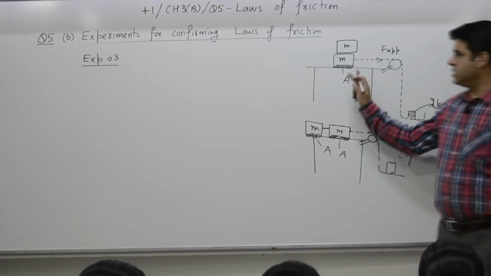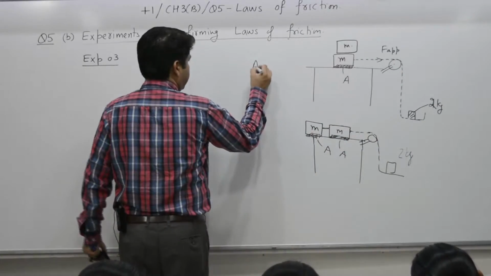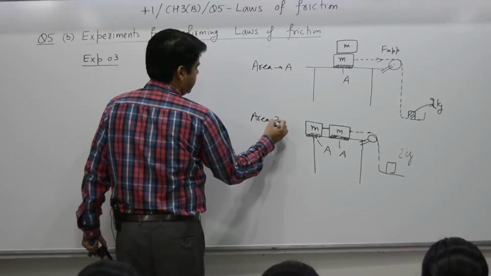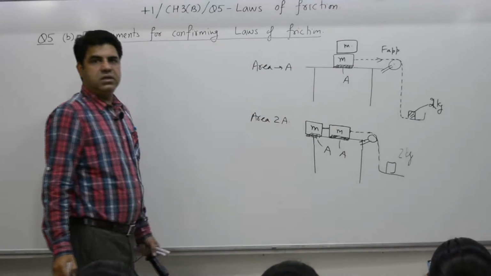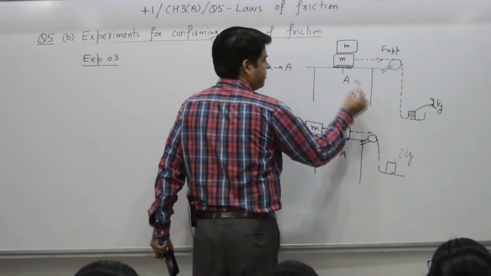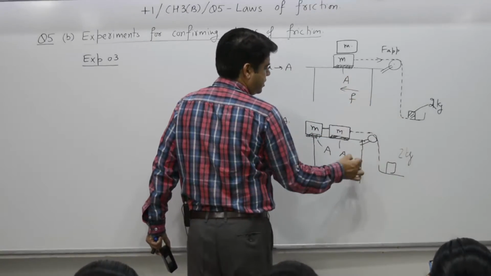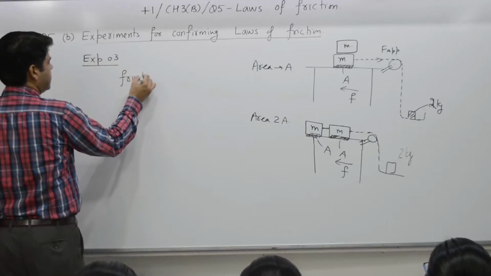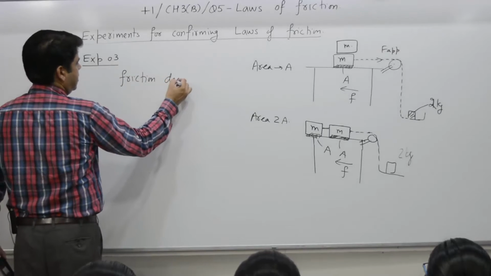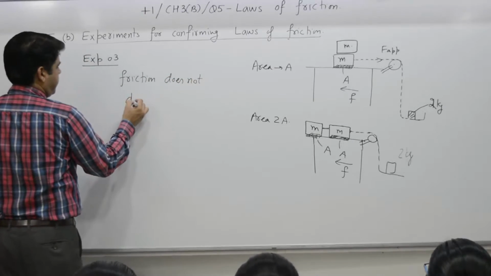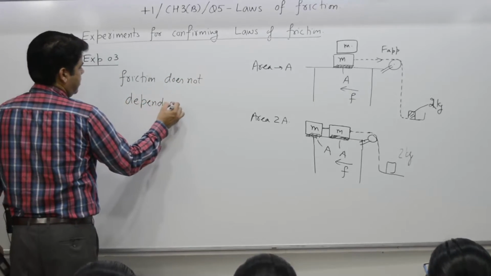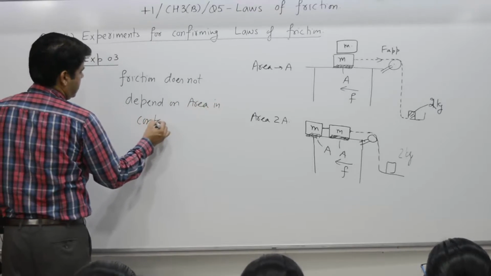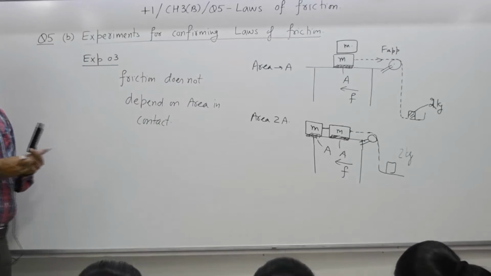Area in the first case is A. Area in the second case is 2A, but the force required to move, that means the opposing force, friction, in the two cases remains the same. As per the result, friction does not depend on area in contact. 2 minutes with you to write.